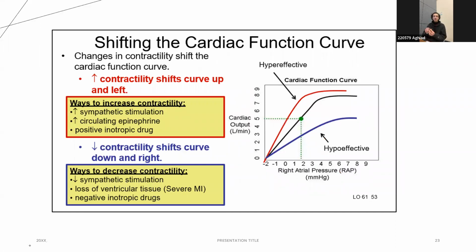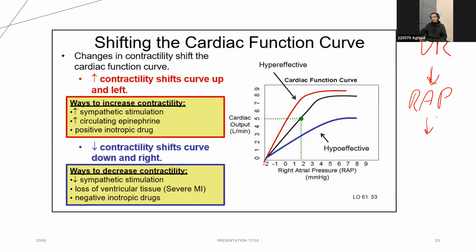There's a concept called Frank-Starling. It basically says venous return equals right atrial pressure, because the more blood returns to the atrium, the more the pressure will be in the right atrium. And how does the blood return to the right atrium? By venous return through the veins.